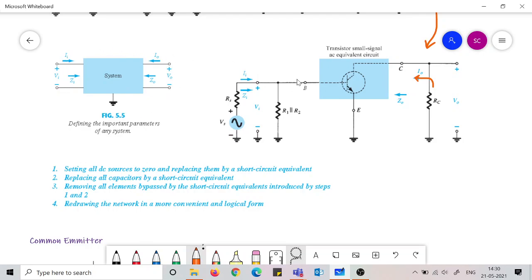And so if we compare with the two-port system, we can understand that the system is only this much.